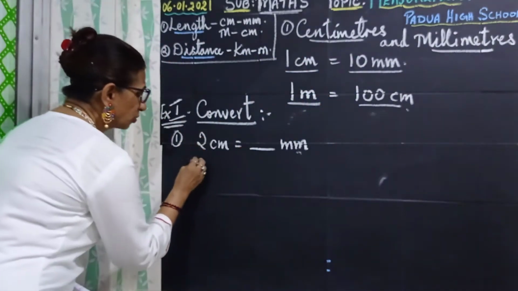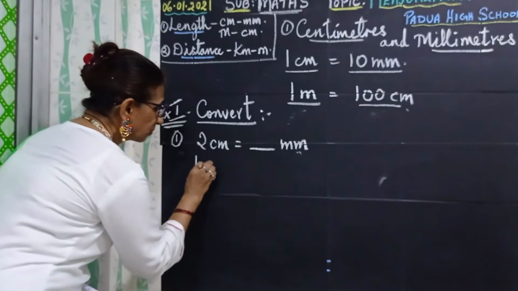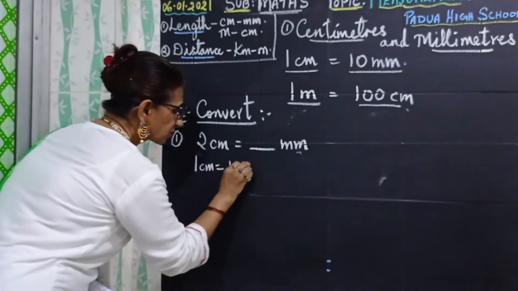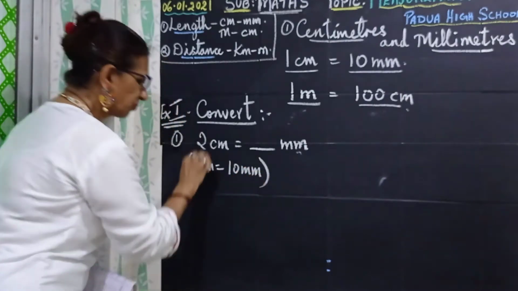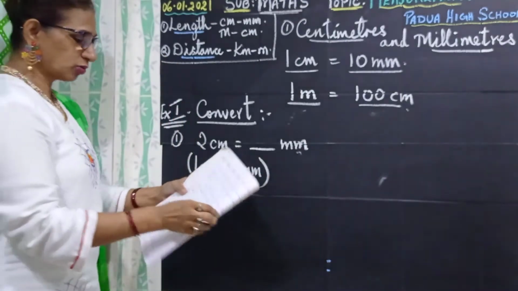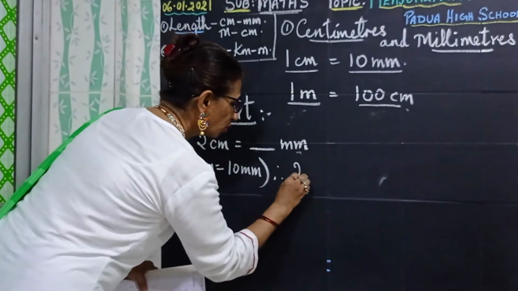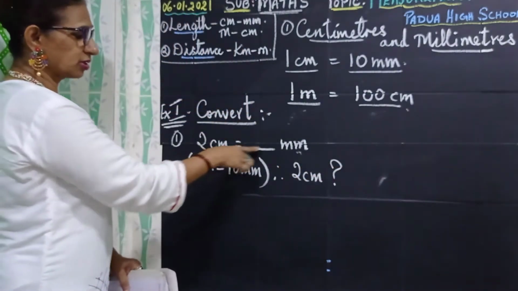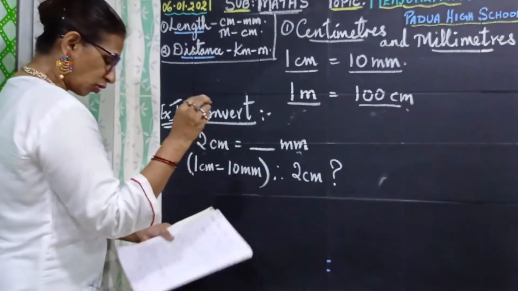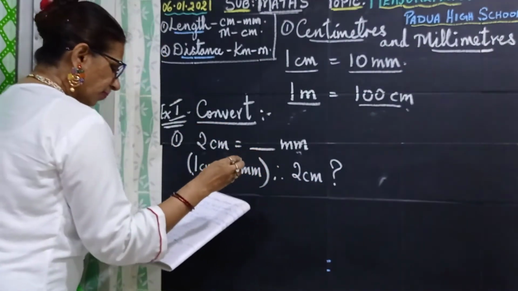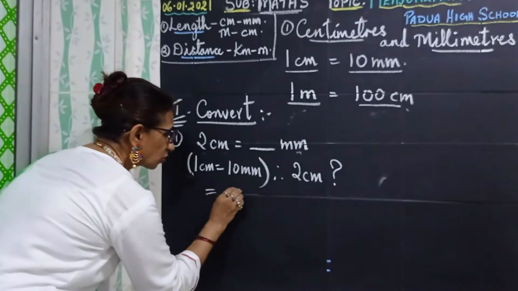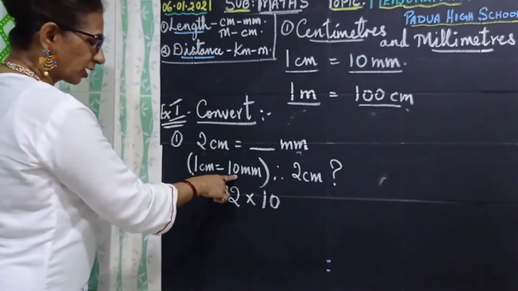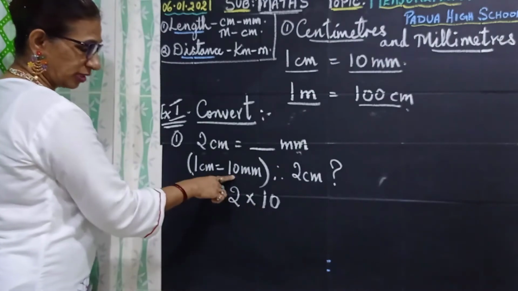So what you do here, you will say 1 centimeter is equal to 10 millimeters. You put this in brackets like this. And then you will say therefore 2 centimeters is how much? We write here that is equal to 2 multiplied by 10.